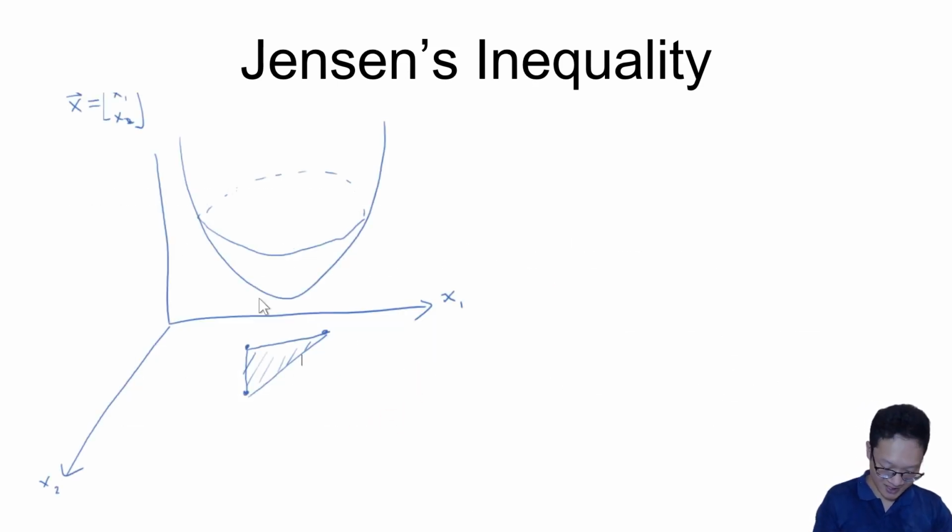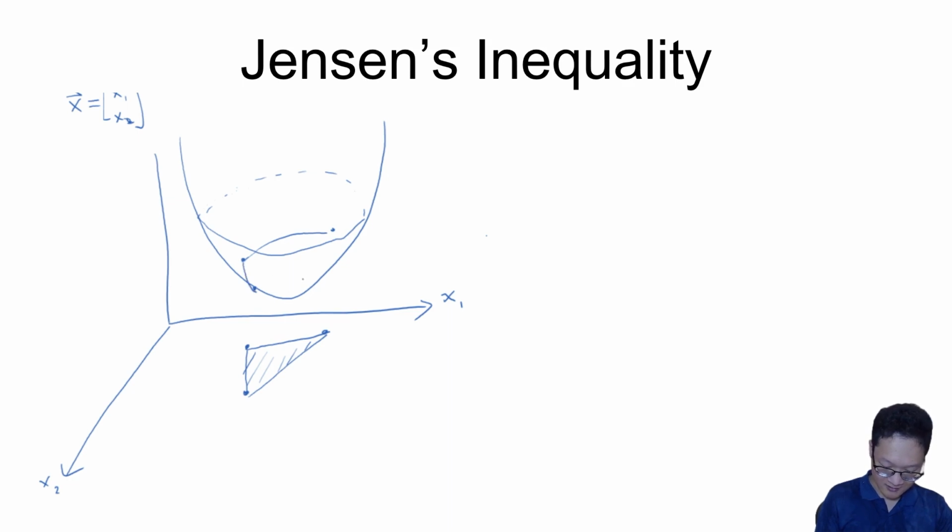When we plug any of these points into f, let's say that the 3 points are something like this. Okay, sorry, not a good artist. So it could be these three points. It's going to look like this, right? The function is curved, so maybe it could be something like this.